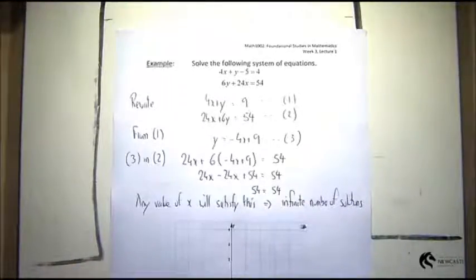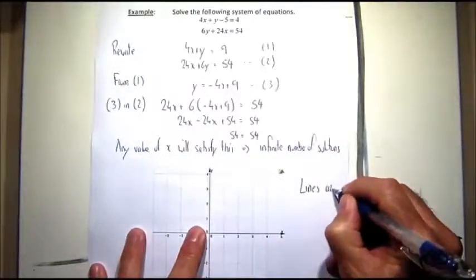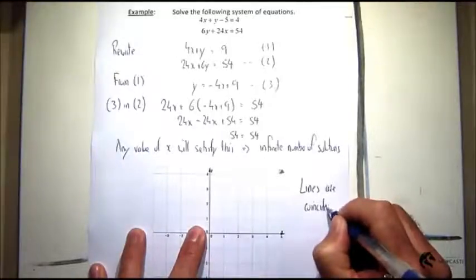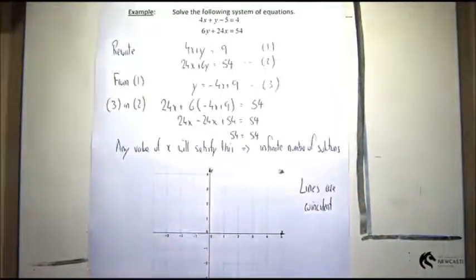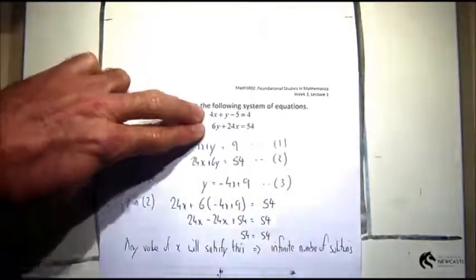And our conclusion here is the lines are, now we could say the same, but I'm going to write it like that. I'm going to say the lines are coincident. So these two equations represent the same line, might be another way of saying it.